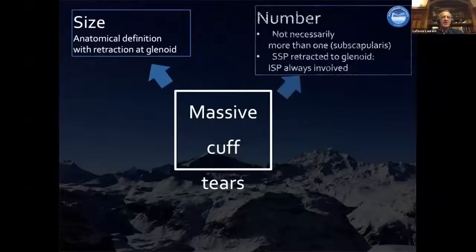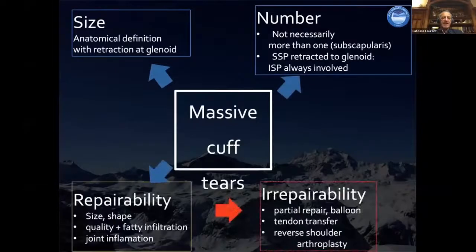Okay. So, massive cuff tear. That's the schematic: the size, the number, the repairability. I would say these last two steps are the most important. Size: sometimes you have a big tear, easy to repair, and you think you are a very good surgeon. And the next patient has a small tear, you think you will be very fast, and it takes long and is hard to repair.